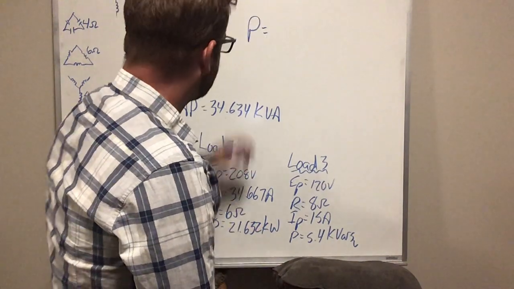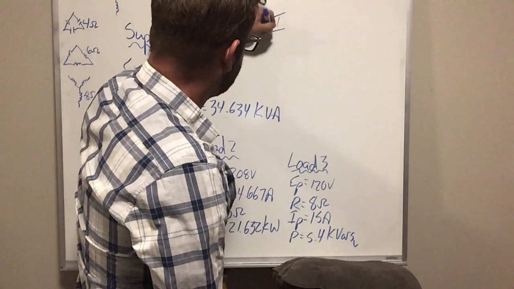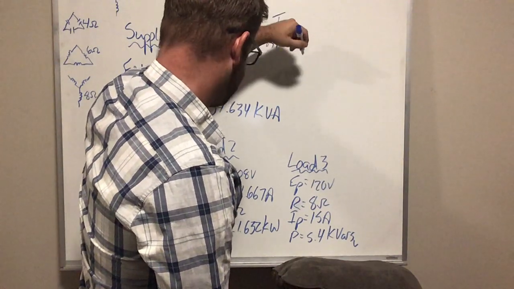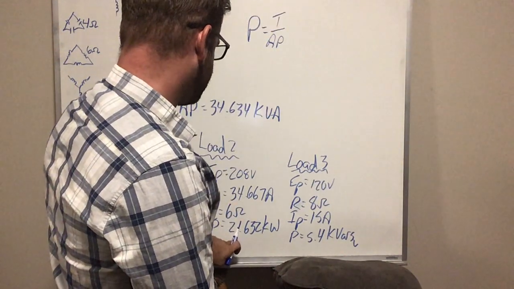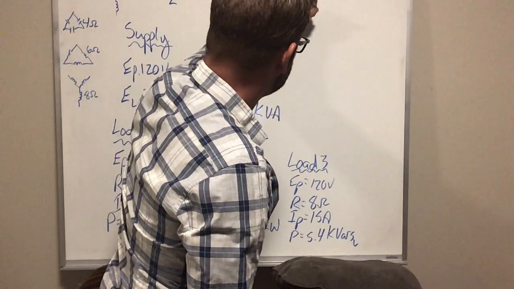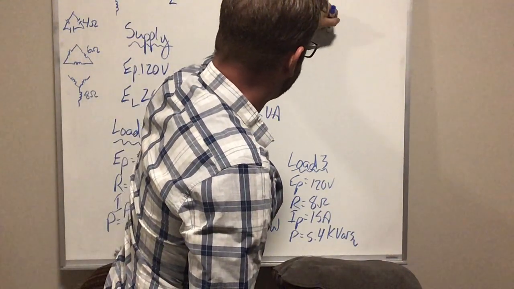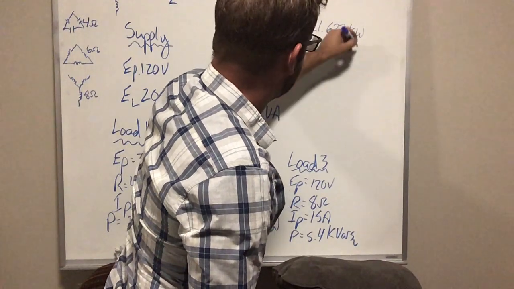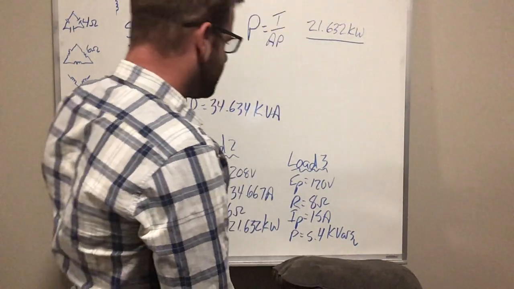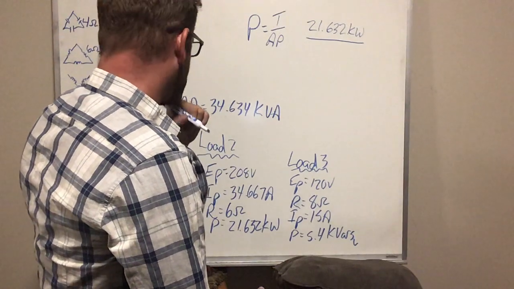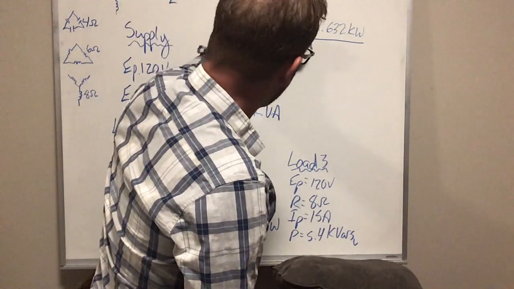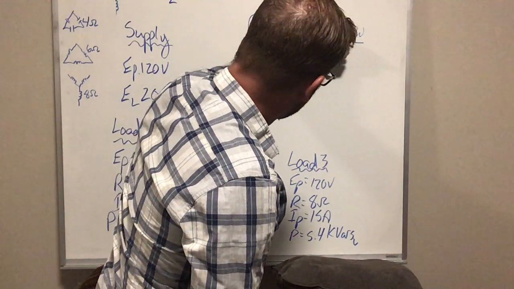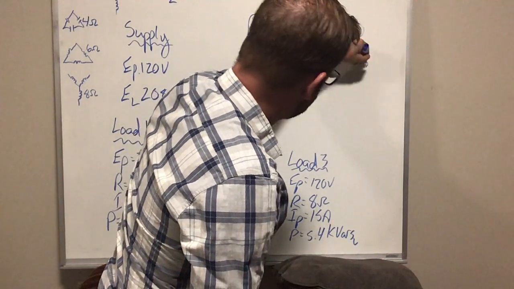So our true power of 21.632 kilowatts divided by our apparent power of 34.634 kVA.